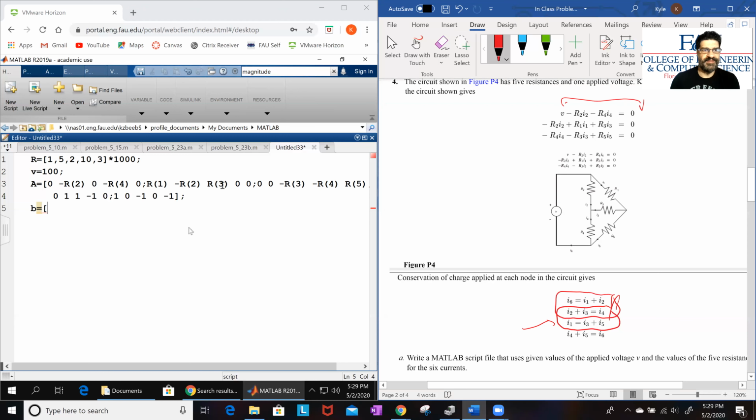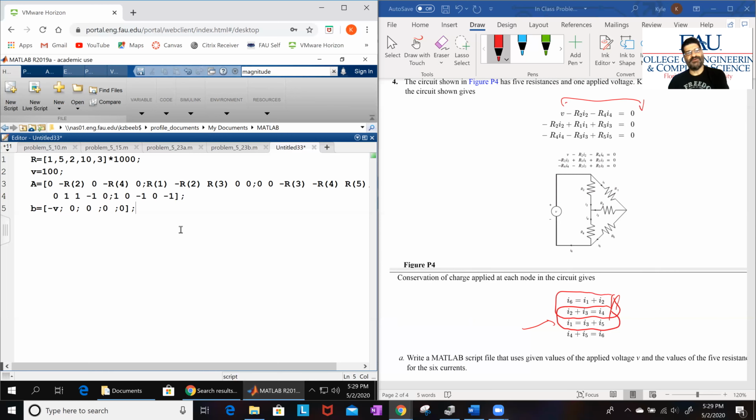So that is going to be minus V in here for the first equation, minus V, and let me make sure, 0, 0, 0, 0, and also 0. And then I'm going to close that, just separate that.